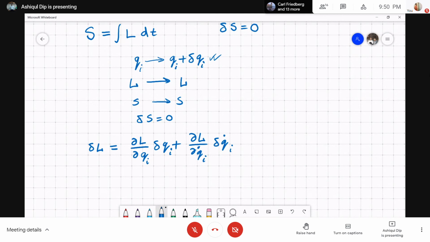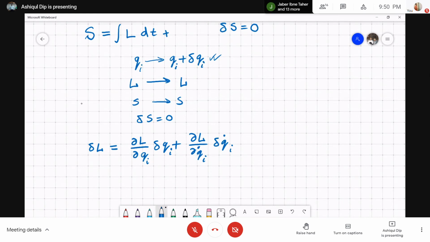Also, we know one more thing, that the variation of S is unchanged by adding a total derivative here, right? The action is changed, that's true, but the variation of S produces the same equation of motion.